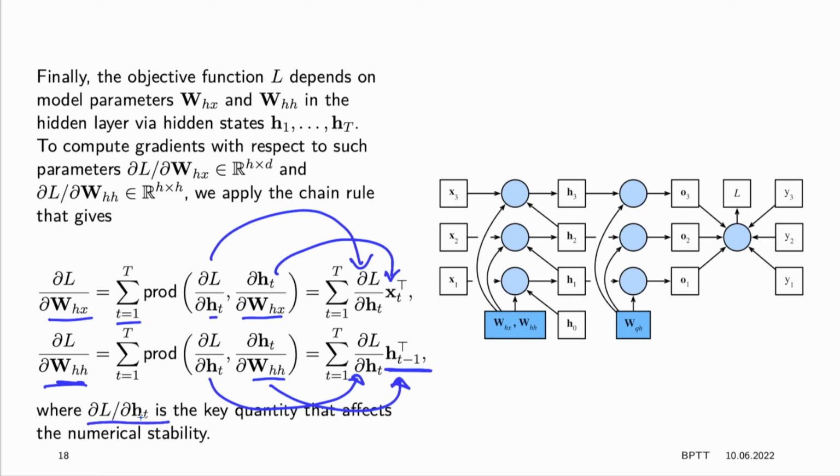Everywhere, the quantity ∂L/∂H_t is the key quantity that affects the numerical stability that we just computed, which involves these recurrent computations, in this case matrix powers.